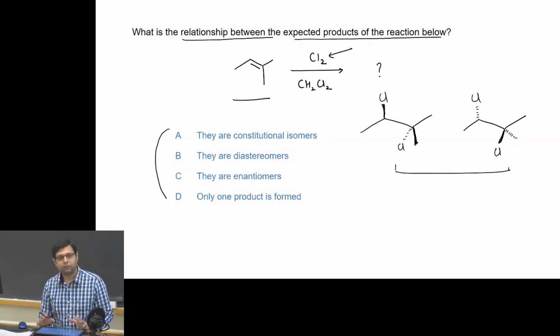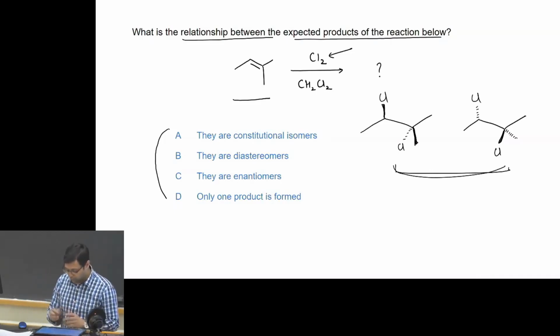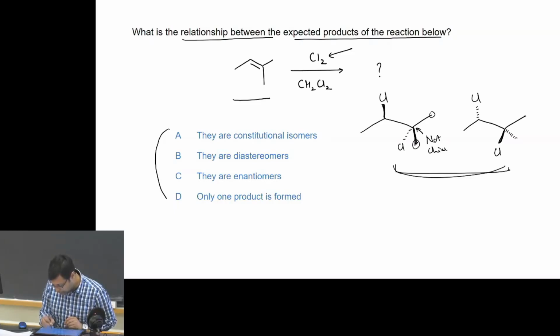Don't put bold and dotted. But when the question is on relationship, write it like this so that you can see what is the relationship between the products. All right. Now, if you take a look at both these products, this carbon is not chiral. You have two CH3s. Right? So these carbons are not chiral.